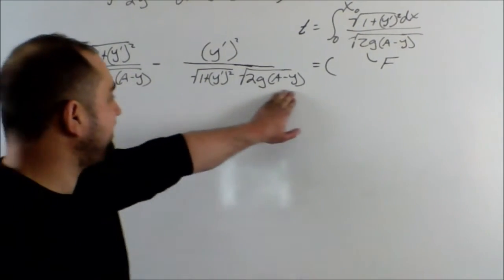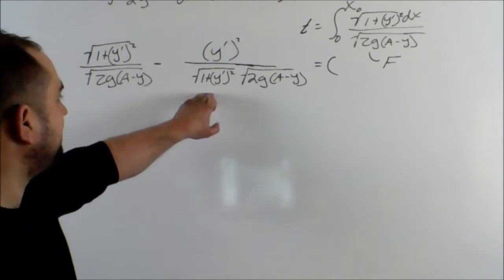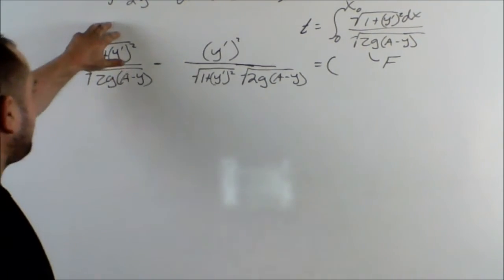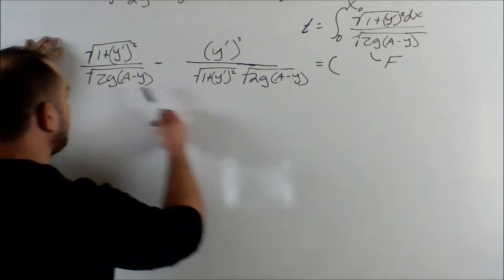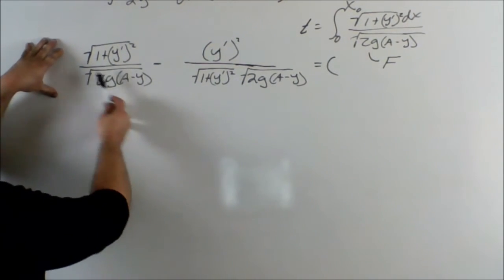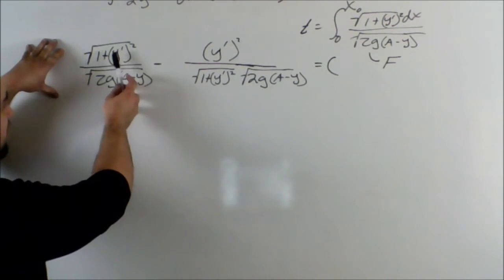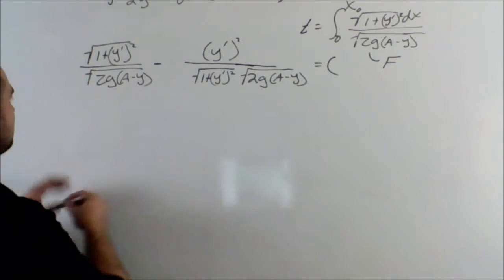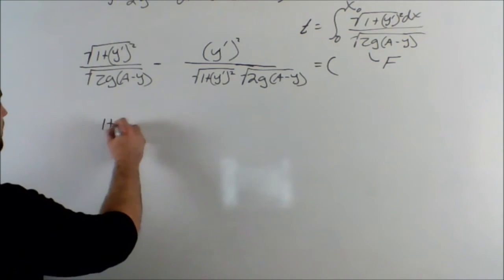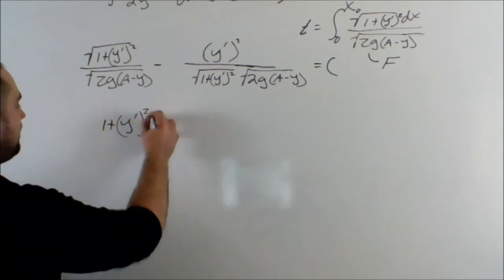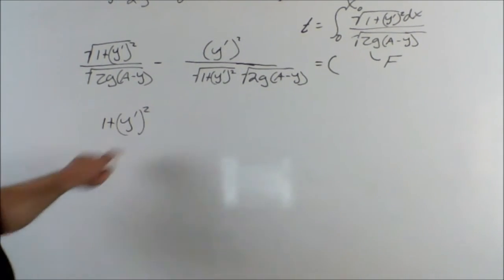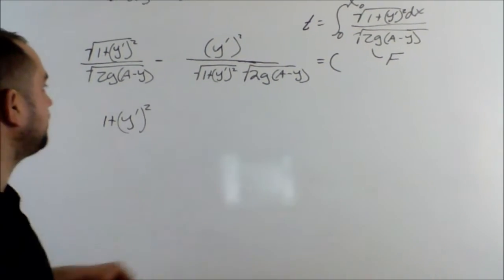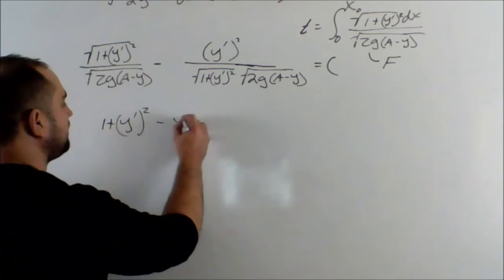Now let's multiply by the LCD, least common denominator. And so for this term here, we can see that the velocity components would cancel out. And so I would have the square root of 1 plus y prime squared times the square root of 1 plus y prime squared. So that's just going to give me, for this term here, 1 plus y prime squared. And then obviously here, the denominator cancels. So I'm just left with a minus y prime squared.